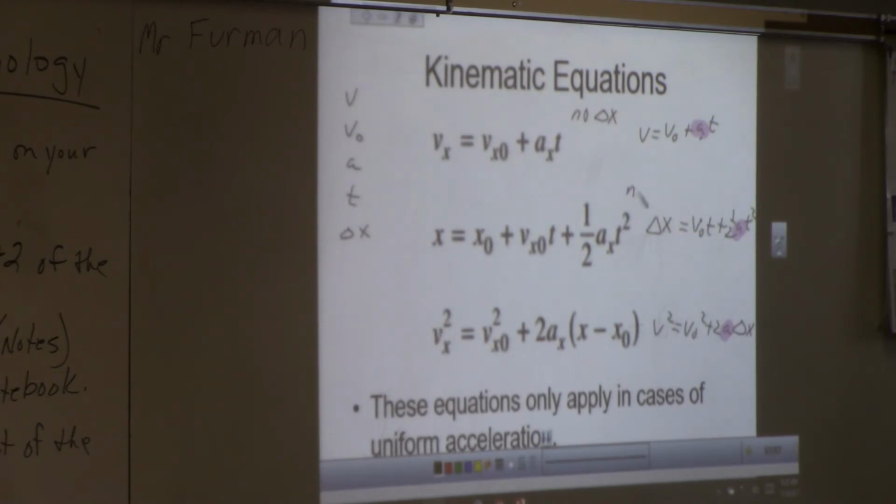Then on this one, I have no final velocity. So if you have a problem where they give you the initial velocity, but they don't give you the final velocity, and you're not asked to calculate it, this one might be the candidate. And this one, I've got both velocities. I've got a, I've got delta x, but I have no time. This is the timeless equation.